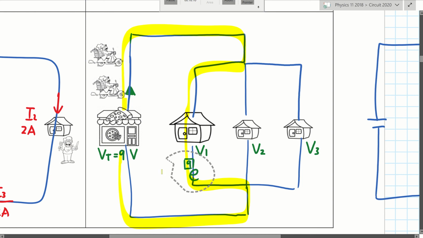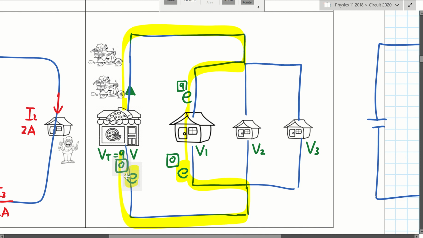So when you go this way, you start from here, you pick up 9 volts, and then you go this way. Before you go in, you have 9 volts. After you go in, you should have 0, because the next stop you're going to make is Pizza Hut.